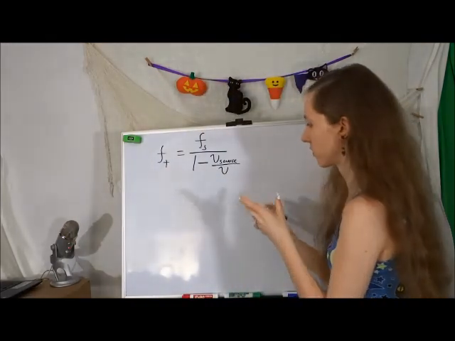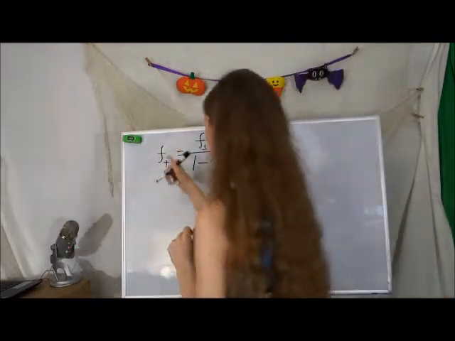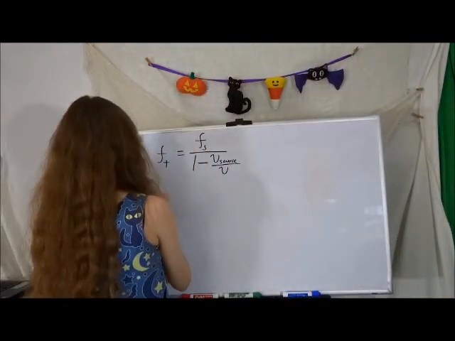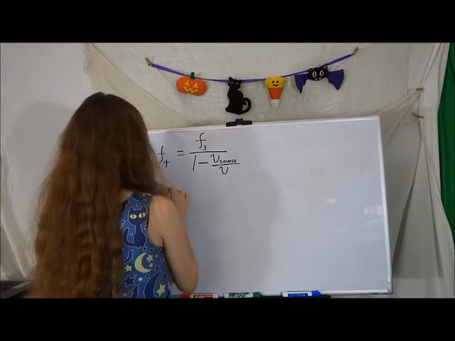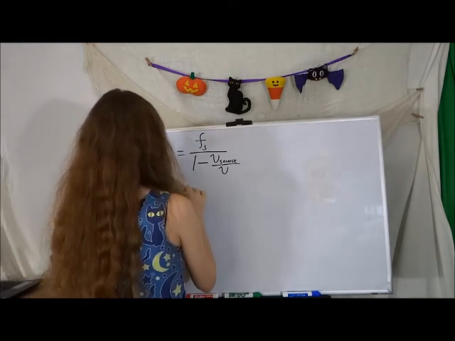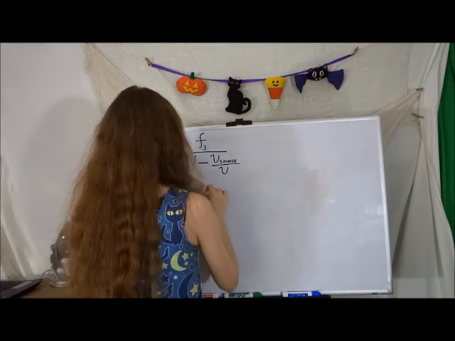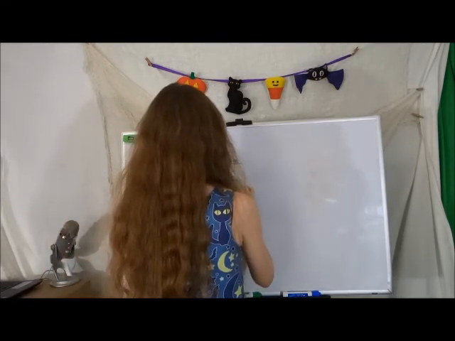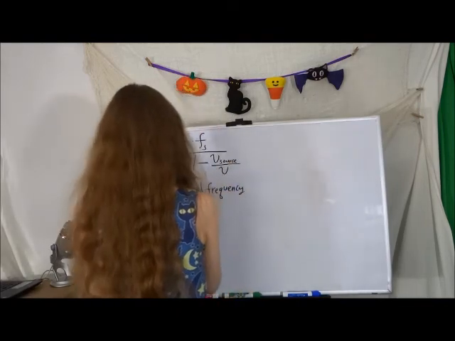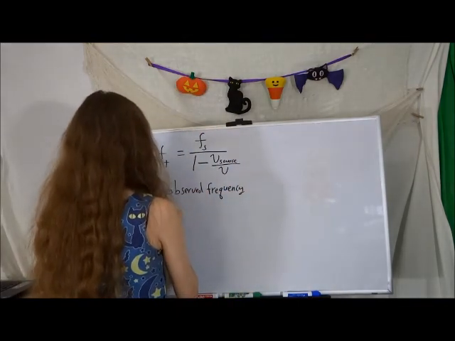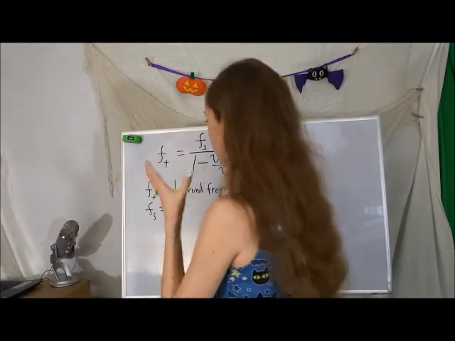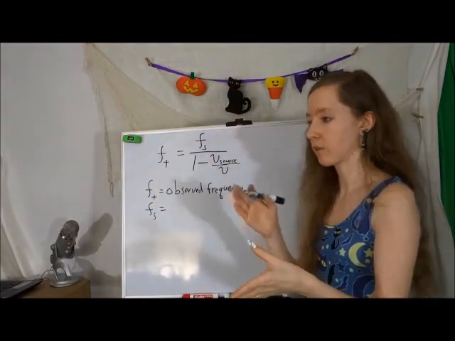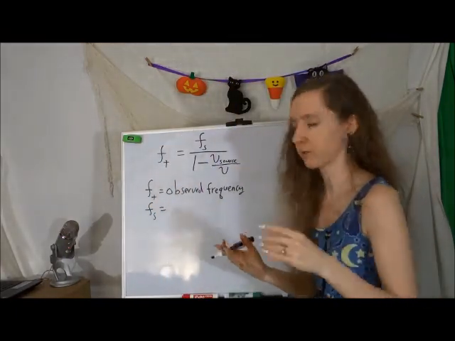So we're going to write out what each of these things are. F plus is going to be our observed frequency. F sub s is going to be the frequency that we would measure if it was stationary and we were stationary. So it's our stationary frequency.